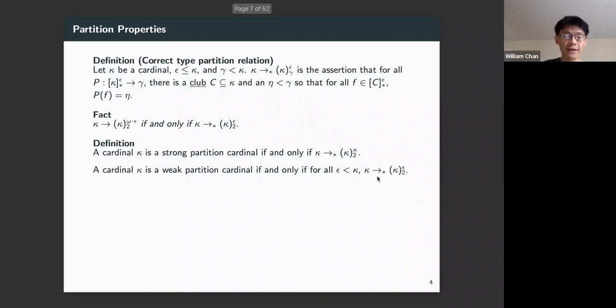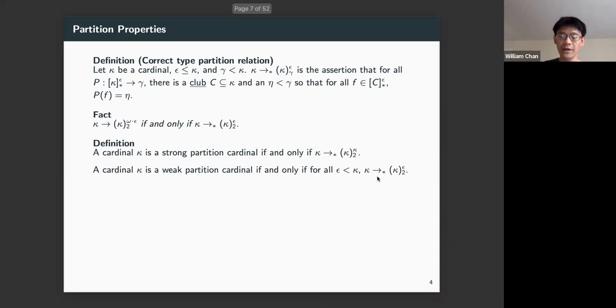You can show that these two partition relations are essentially equivalent. The exponent omega times epsilon ordinary partition relation is equivalent to the epsilon correct type partition relation. If a cardinal kappa satisfies kappa arrow star kappa sup kappa sub 2, then we'll call the cardinal a strong partition cardinal.